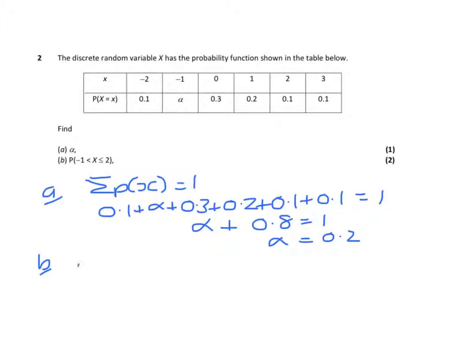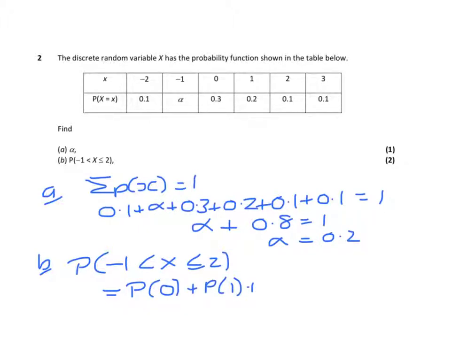I'm then asked to work out the probability that x is greater than -1 and less than or equal to 2. Well, that's the probability that it could be 0, 1, or 2. From my table, that is 0.3 plus 0.2 plus 0.1, which is 0.6. I haven't included the probability of minus 1 because it's greater than, not equal to.